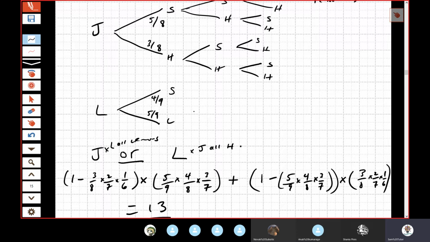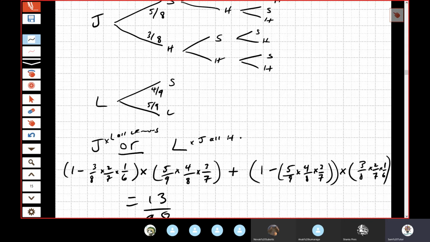Lemon 5 out of 9, 4 out of 8, 3 out of 7. Plus 1 minus all these lemons, which means Laura gets all the strawberries, or at least 1 strawberry, times, and then Jane has to get all of the honeys. So 3 over 8, 2 over 7, 1 over 6.